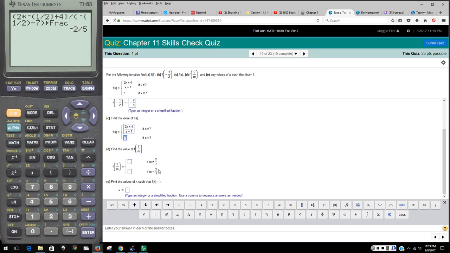Find the value of f of 2 over m. Again, we're going to replace x with 2 over m. But because simplification on this one is a little bit trickier, I'm going to move to the document camera, and we're going to do this pencil and paper.